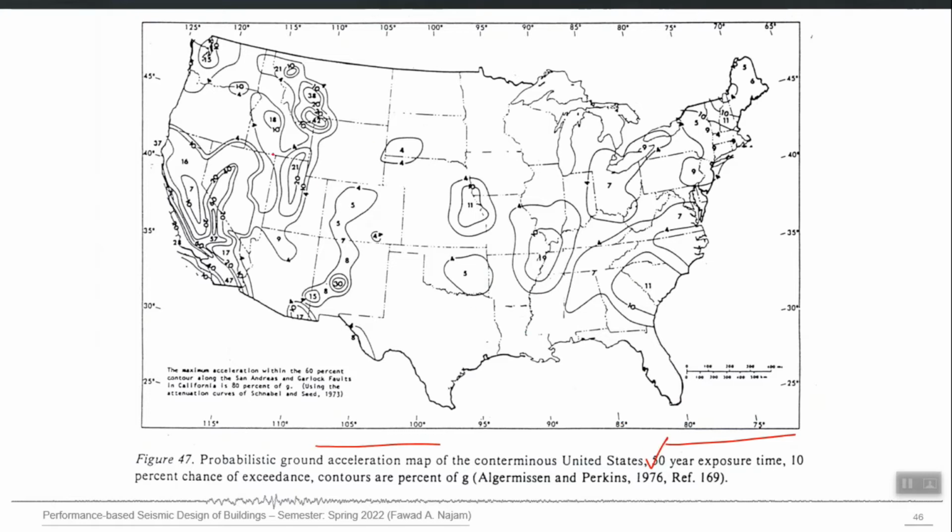Different zones are developed in it. You can see, for example, zone 5, similarly this one. So all of these contour lines, I think these are not zones, maybe these are the values of the PGA. All these contours are actually showing the values of PGA corresponding to 10% probability of exceedance in 50 years.